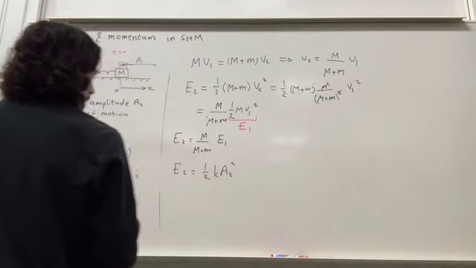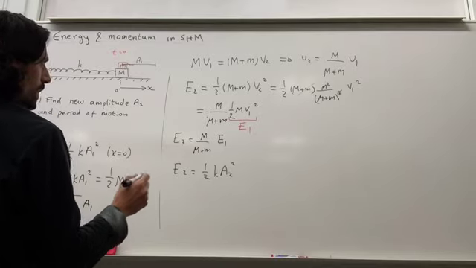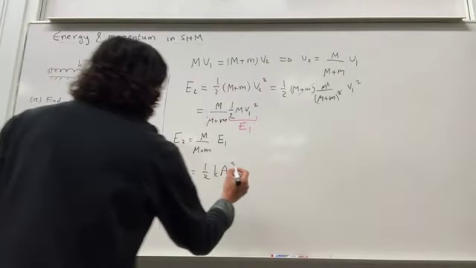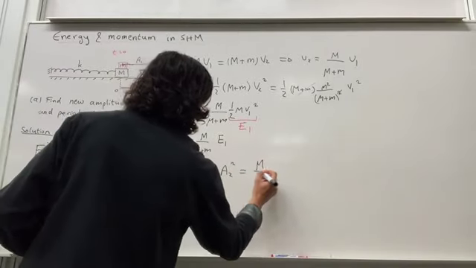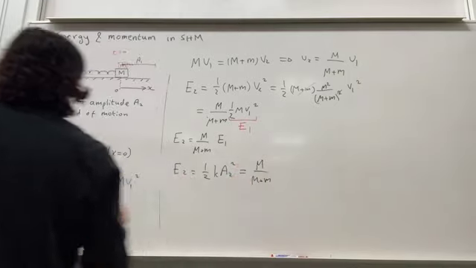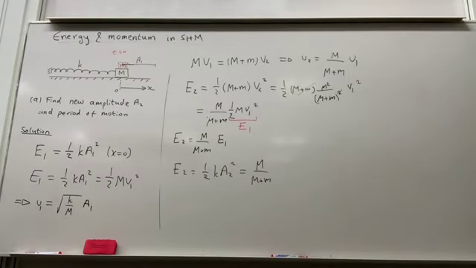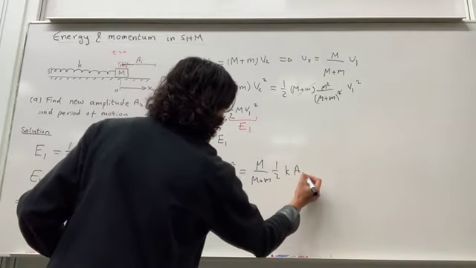So we can write this has to be equal to M over M plus m times E1, and E1 is half k A1 squared.